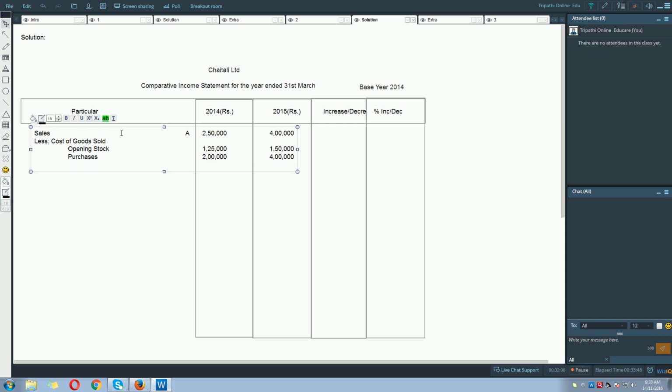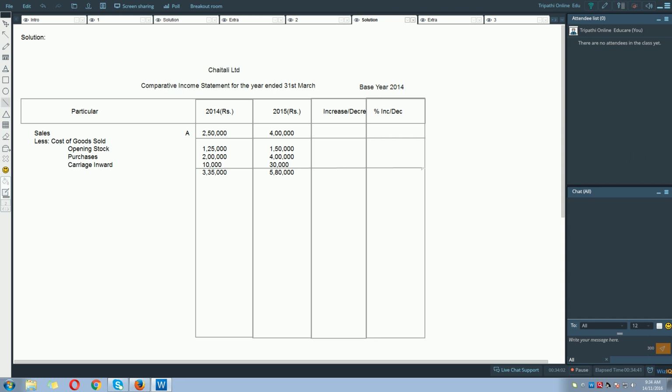Less cost of goods sold, opening stock 1,25,000, 1,50,000, purchases 2 lakhs, 4 lakhs, carriage inward 10,000, 30,000.